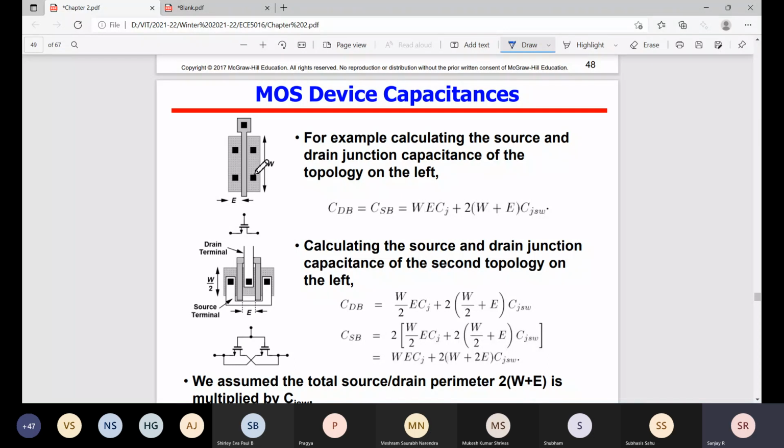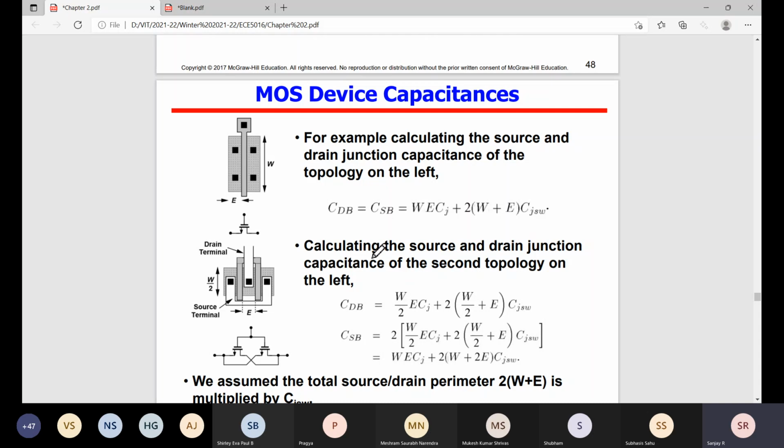When you come to layout, how the layout will be helpful to reduce the capacitances, at that time we will discuss, because with that foundation you will clearly understand what fingering is. So don't worry now. When you study amplifiers I may explain it if required, but it is not required now because we are concentrating on small signal modeling: what the capacitances are and the formulas.